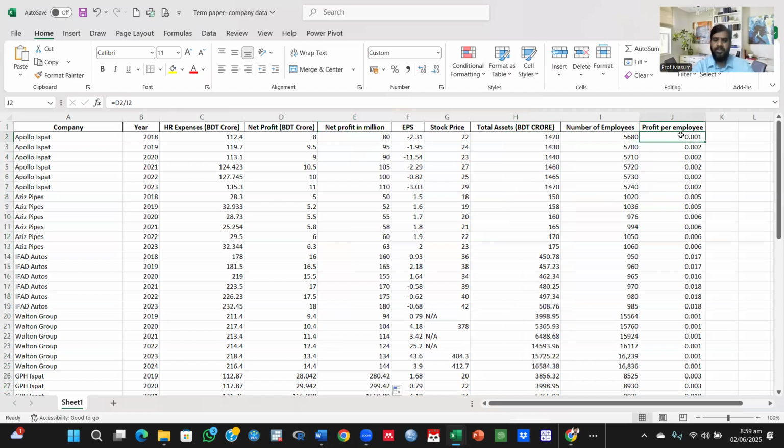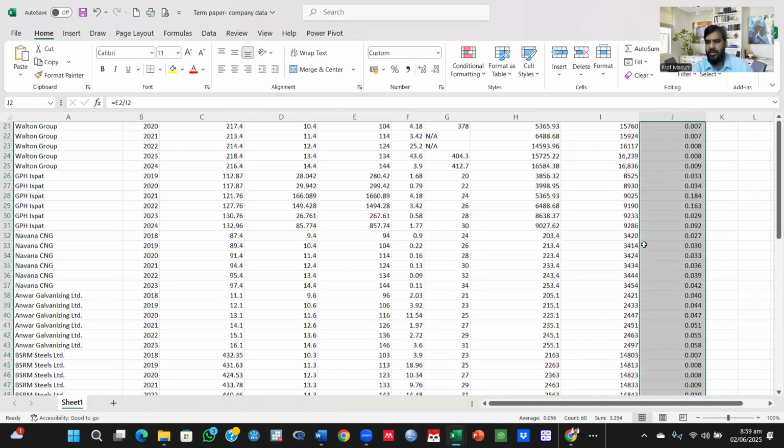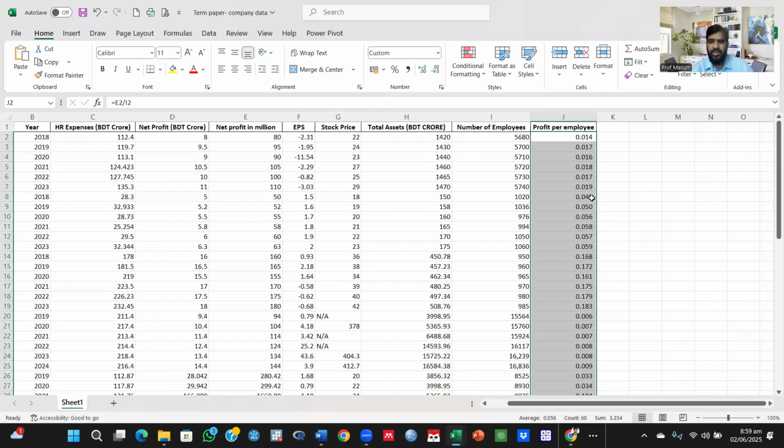So profit per employee, million profit divided by number of employees. Also insignificant. However, the ratio will also be like this. So profit per employee.